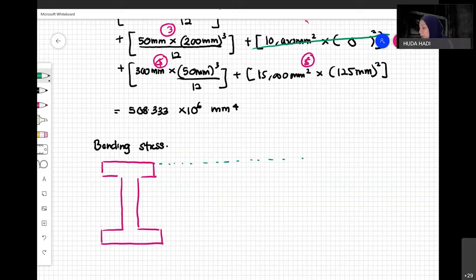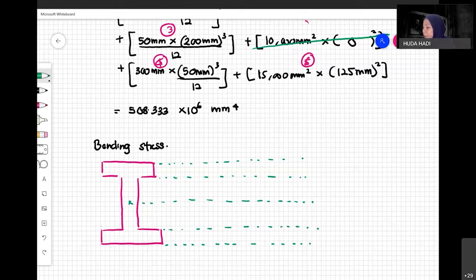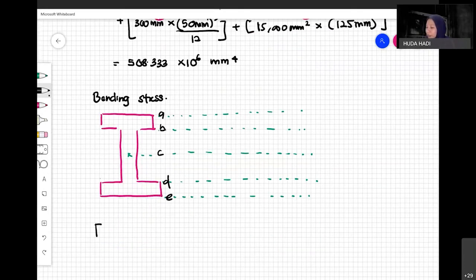The most important ones are the top and bottom, and the centroid. That is only 3 points, so I take one point here, and over here another one. So I put A, B, C, D, E.